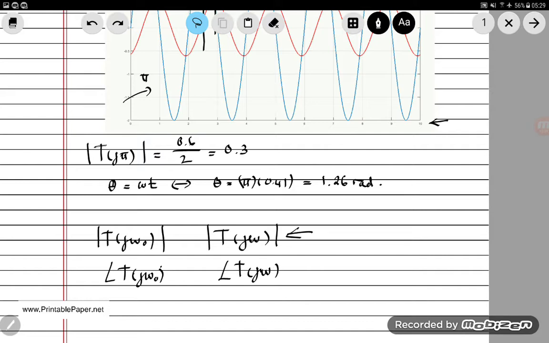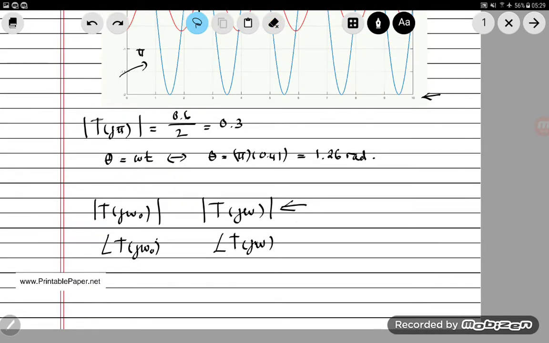And we plot this magnitude and angle as a function of frequency. And these are the Bode plots. Once we've done those plots, we can just read off the amplification or attenuation or gain and phase shift of our output at the frequency of interest.